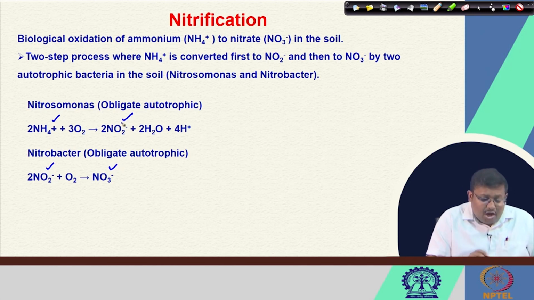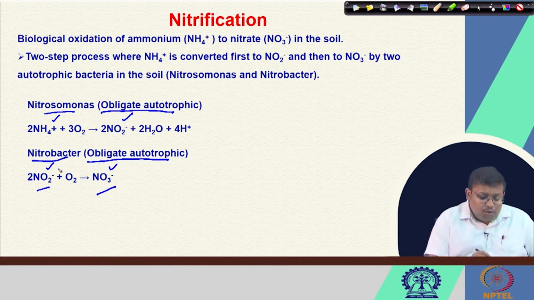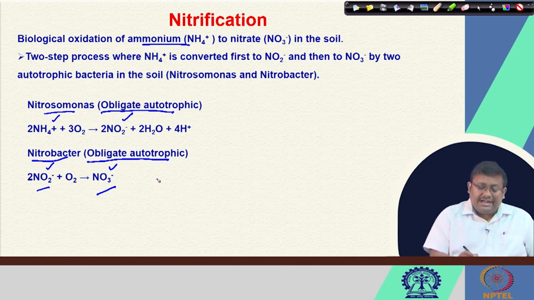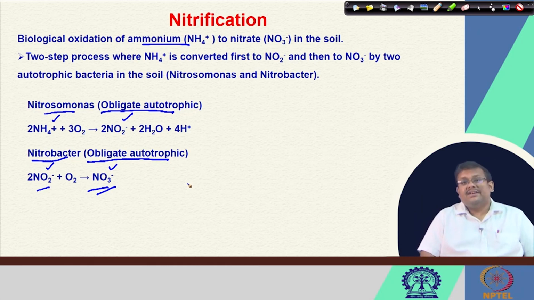The first conversion, of ammonium to nitrite, is mediated by Nitrosomonas, which is an obligate autotrophic microorganism. The second step, that is conversion of nitrite to nitrate, is governed by another obligate autotrophic bacteria called Nitrobacter. So, these two organisms play an important role in the conversion of ammonium ion ultimately to nitrate, and this process of conversion of ammonium to nitrate is known as the nitrification process.